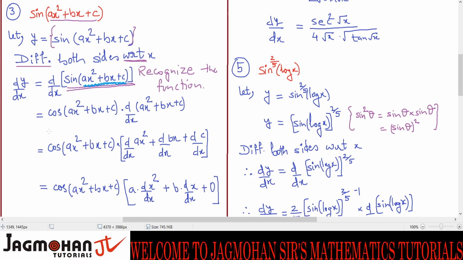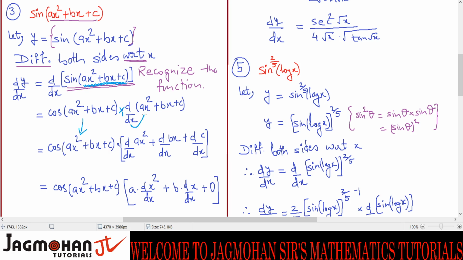I would request you to write those results which I had given in lecture number 2 again and again, and get the practice of that. So cos f of x d by dx of f of x. After that, cos of ax square plus bx plus c comes down as it is, and then you have the product sign and d by dx of ax square plus bx plus c.